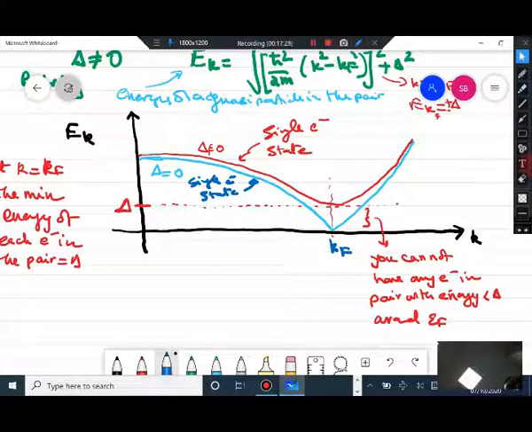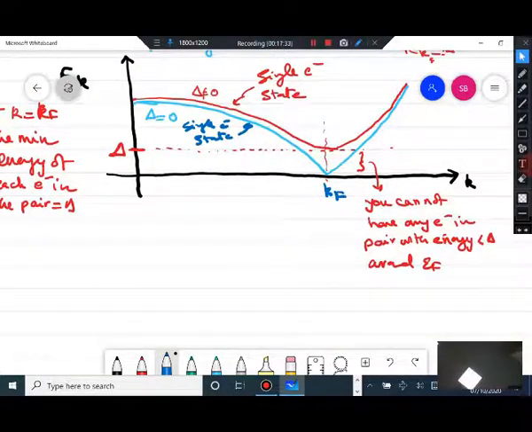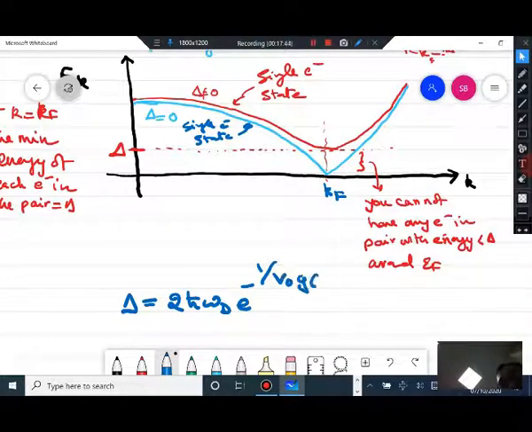So this is the dispersion relation, and as you can understand, this is what is responsible for creating a gap in the density of states, and delta is 2 h cross omega D e raised to minus 1 by V0 N(EF). This is the energy gap which is opened up in the single particle density of states.